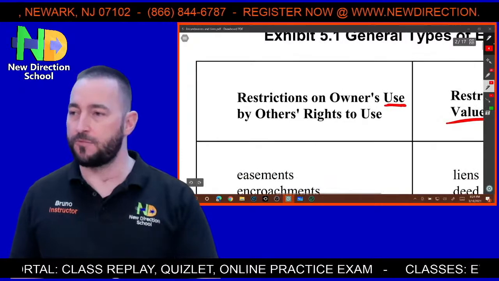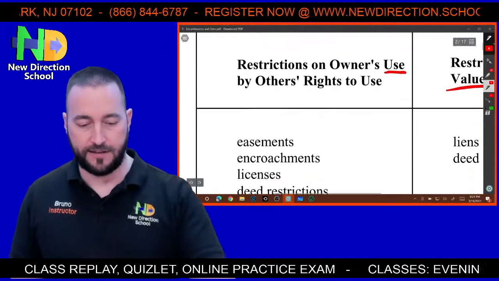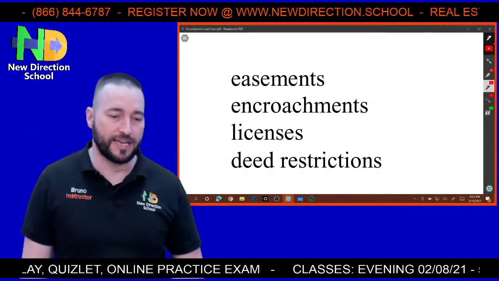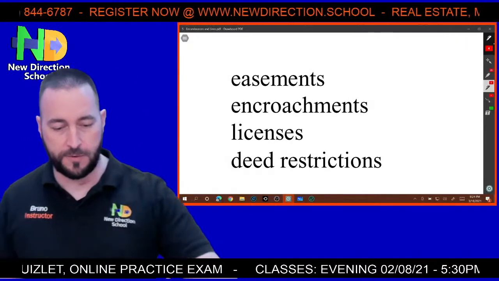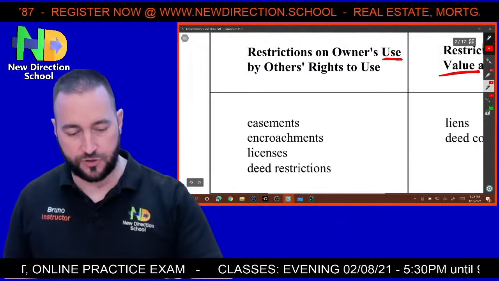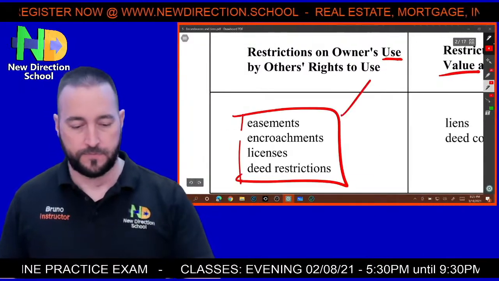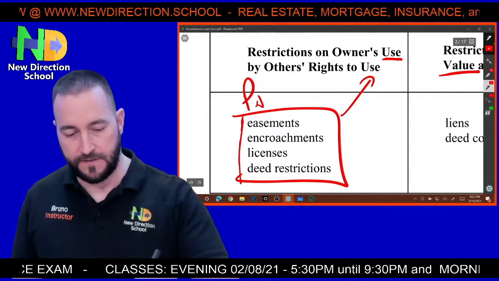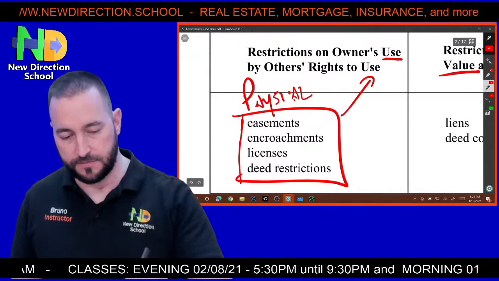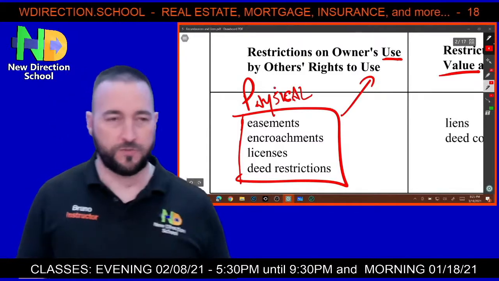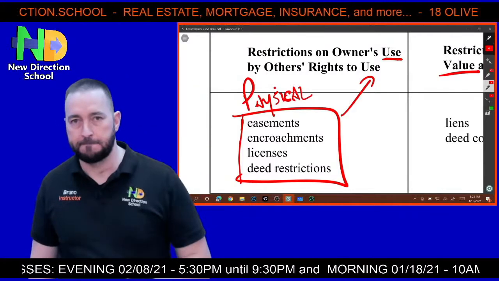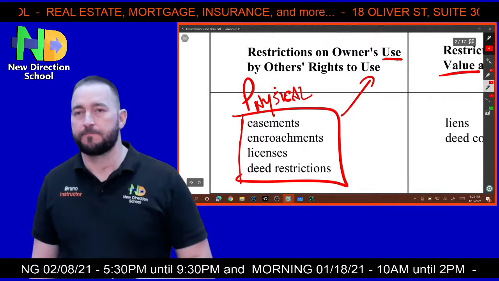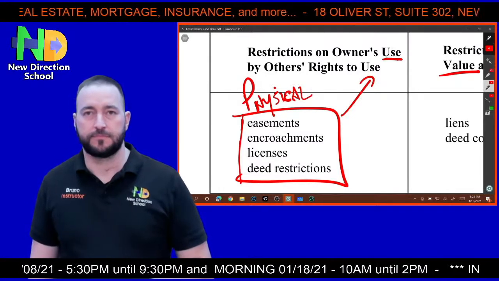If it's an encumbrance based on use, we have easements, encroachments, licenses, and deed restrictions. What you need to remember about these is that these restrict the use. So these are considered physical encumbrances.